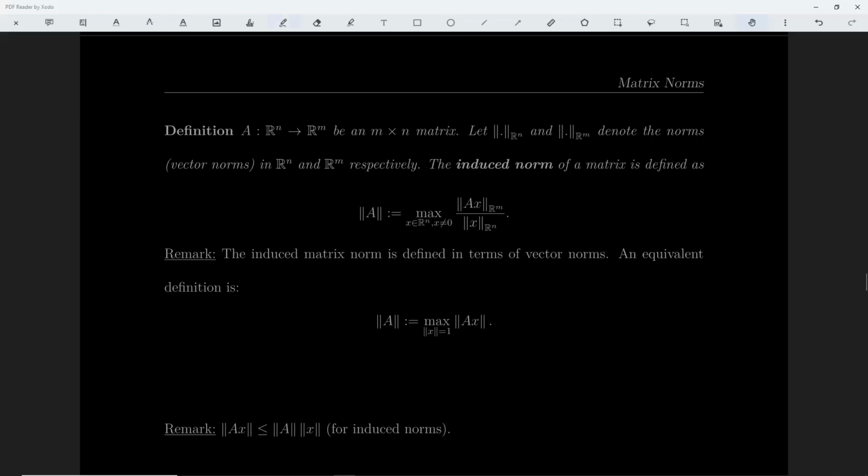So maybe I can write it down more explicitly. When I say the induced norm over here, I mean that this is a matrix norm induced, or constructed, by using the definitions of vector norms in Rn and Rm.